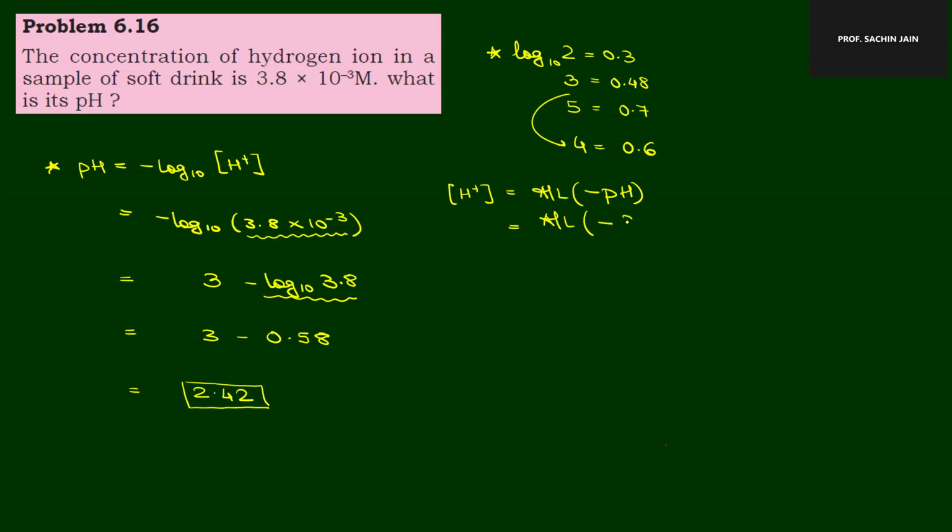Antilog of negative of 2.42. Now, antilog of a negative number can't be found, but we have to convert this into the positive value by taking a bar on top. हाँ. So bar value का एक trick था. 2 plus 1, so 3, and then 100 minus 42. So you get 58.